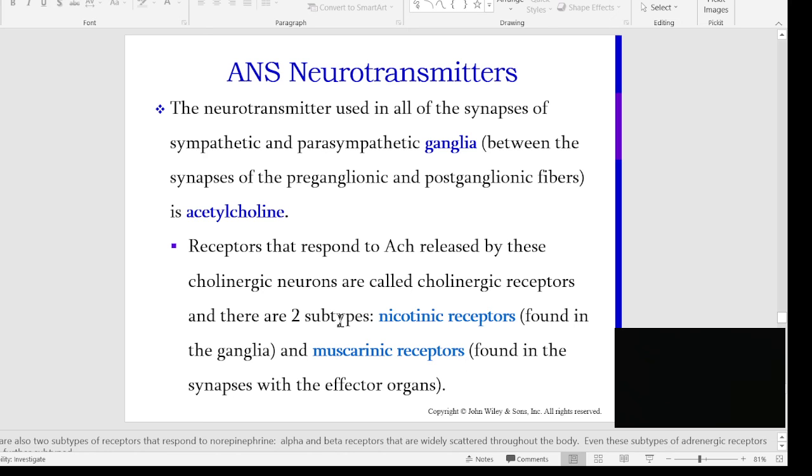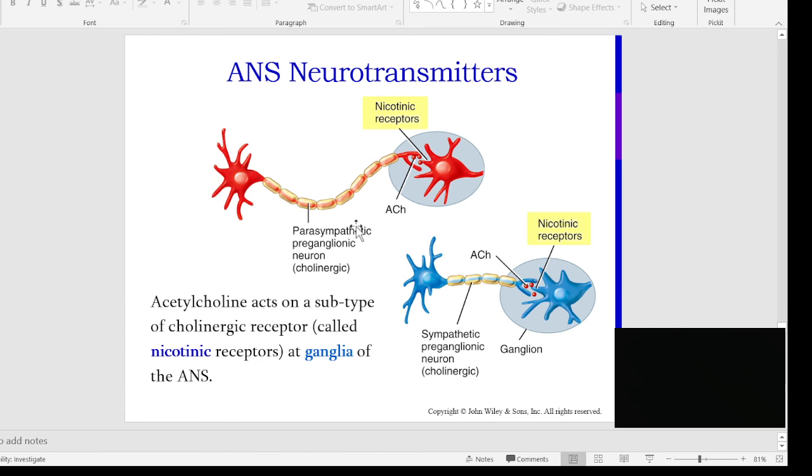Where it attaches from the axon to the dendrites of other neurons, that is the nicotinic type of receptor.